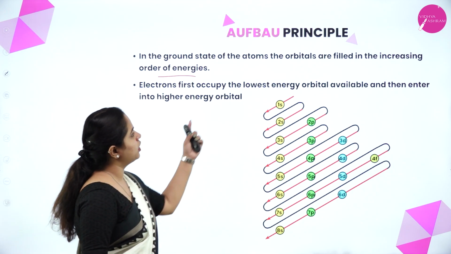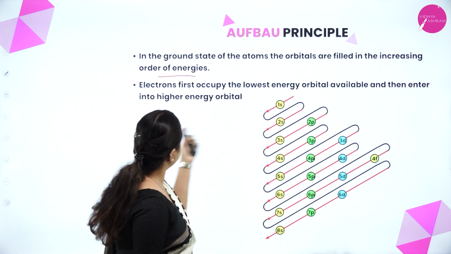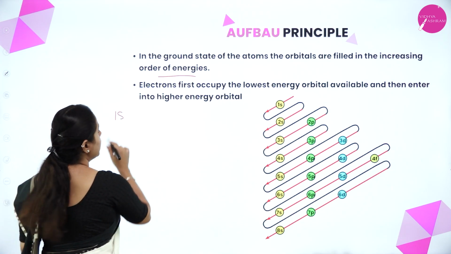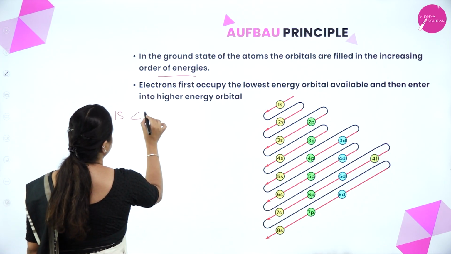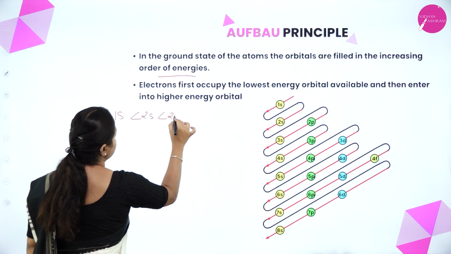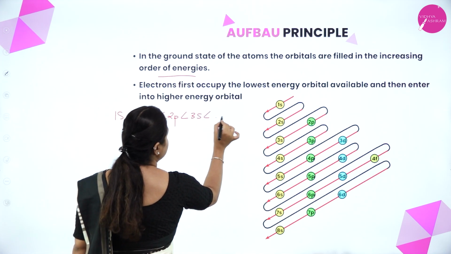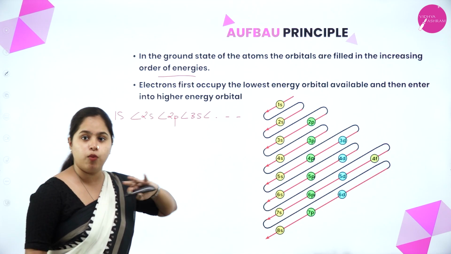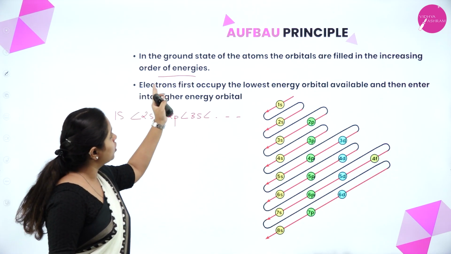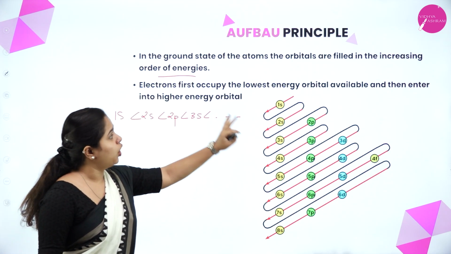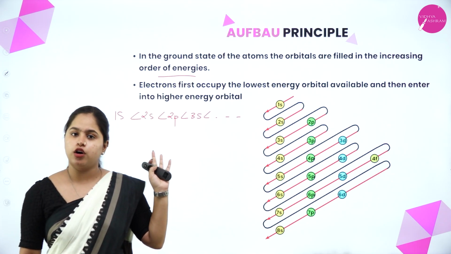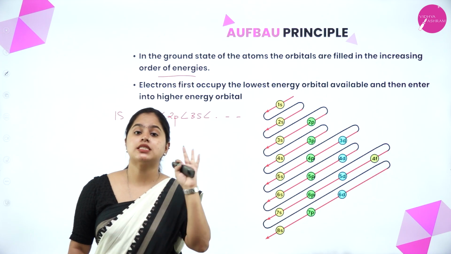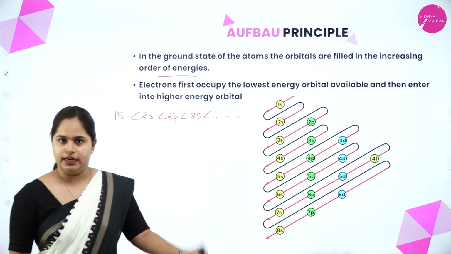Electrons first occupy the lowest energy level and then move into higher energy levels. First it will occupy 1s; once 1s is filled, it moves to 2s, then 2p, then 3s and continues. So the electrons will be filled inside the orbitals in the increasing order of energy.